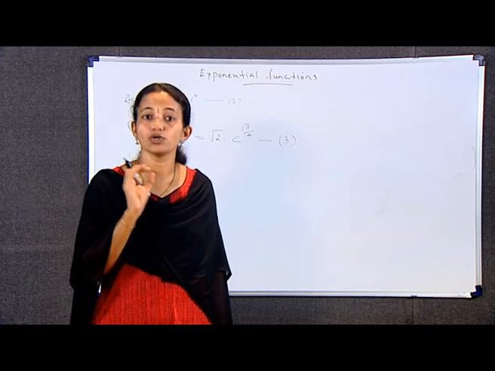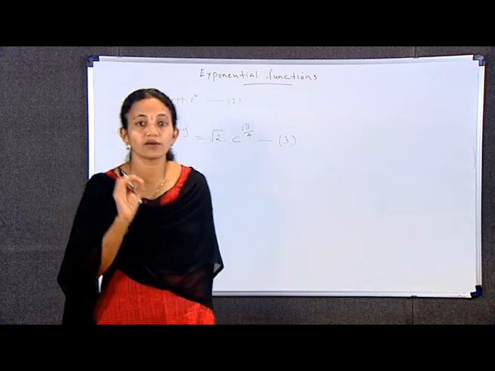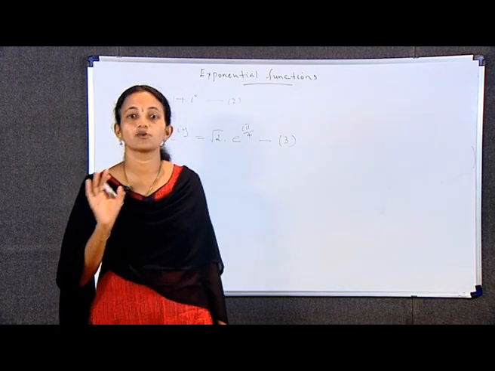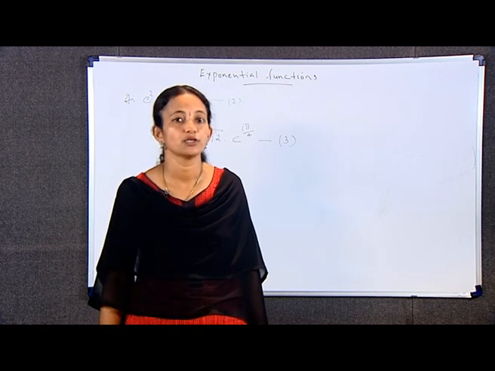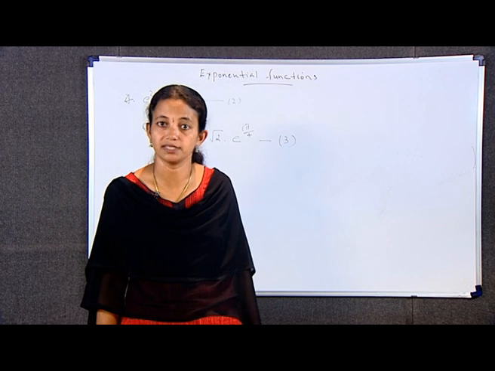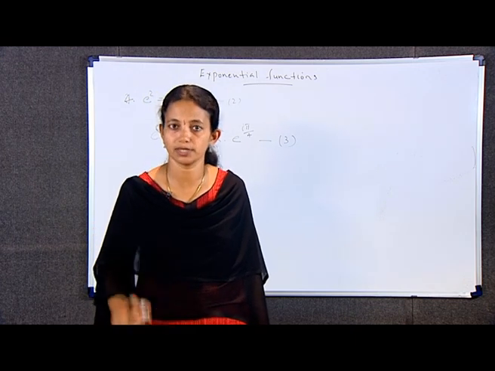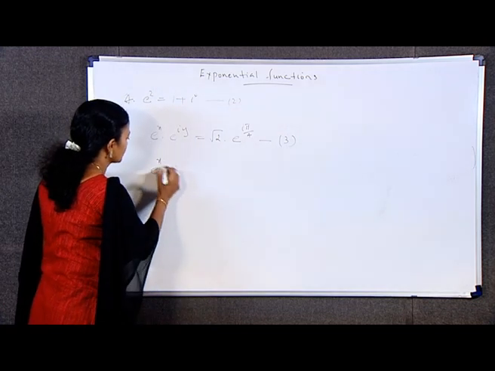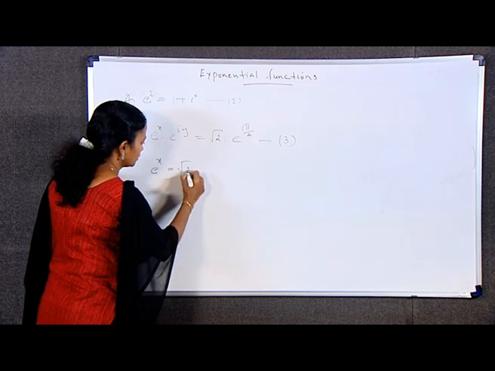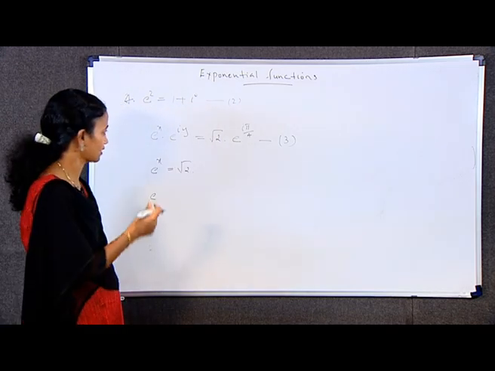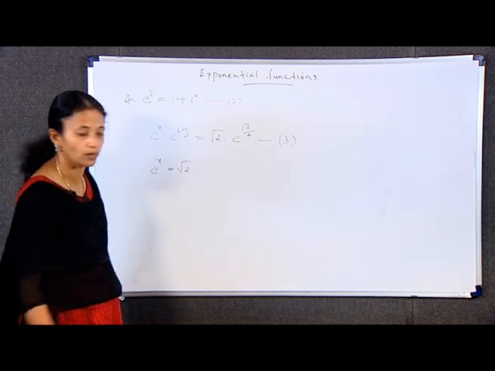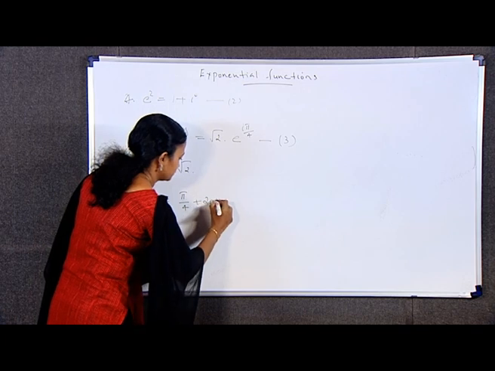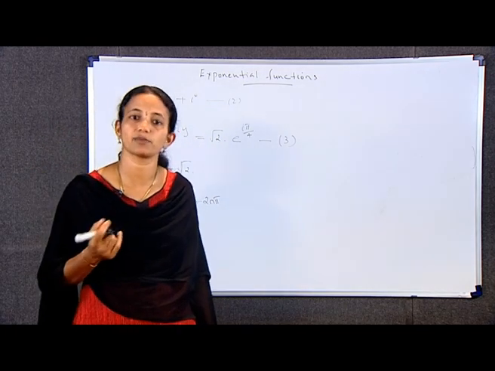We recall the fact that two non-zero complex numbers, that is z1 is equal to r1 e raised to i theta 1 and z2 is equal to r2 e raised to i theta 2, are equal if and only if r1 is equal to r2 and theta 1 is equal to theta 2 plus 2k pi, where this k is some integer, that is, as the case may be 0, plus or minus 1, plus or minus 2, etc. Here LHS and RHS of 3 are equal if and only if what? e raised to x is equal to root 2 and y is equal to pi by 4 plus 2n pi, where this n varies from 0, plus or minus 1, plus or minus 2, etc.